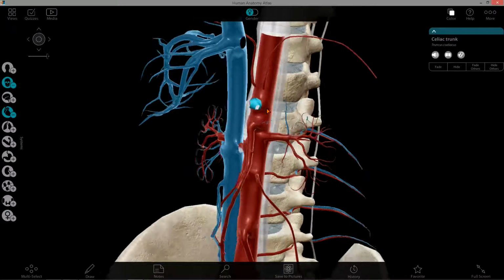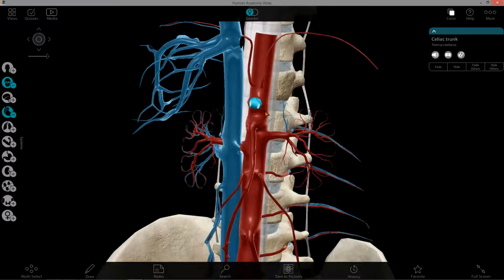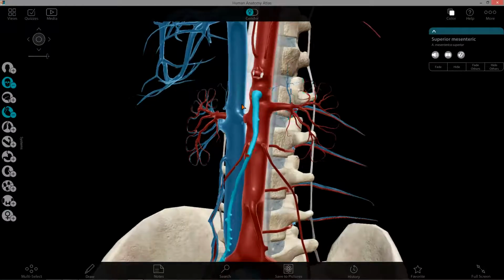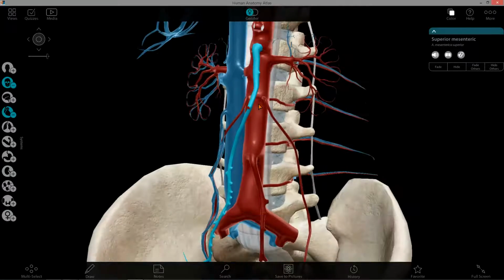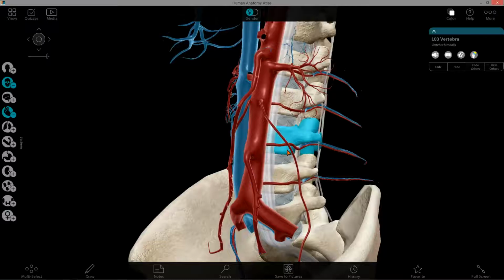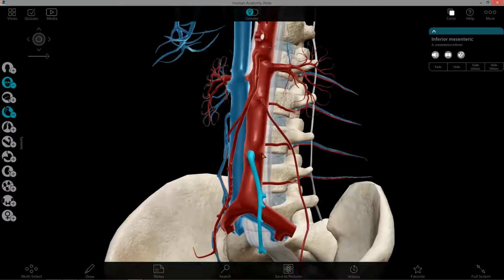So we have the celiac trunk existing approximately at the intervertebral disc of T12 and L1, and this supplies the foregut primarily. Then there's the superior mesenteric artery existing primarily at L1, highlighted here. This supplies the midgut. And then there is the inferior mesenteric artery, which is approximately at the vertebral level L3, and that supplies the hindgut.